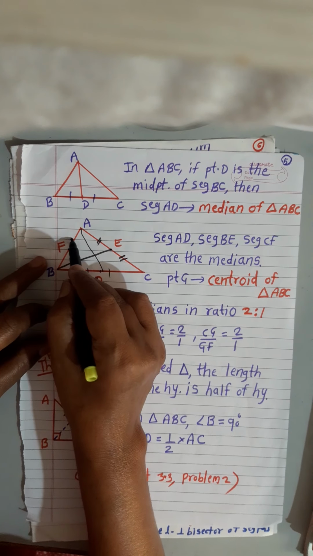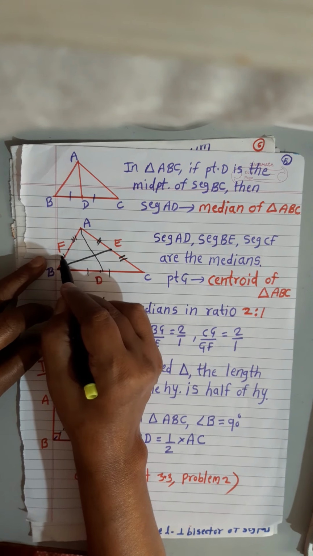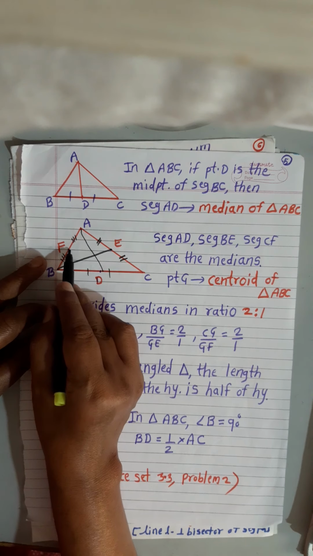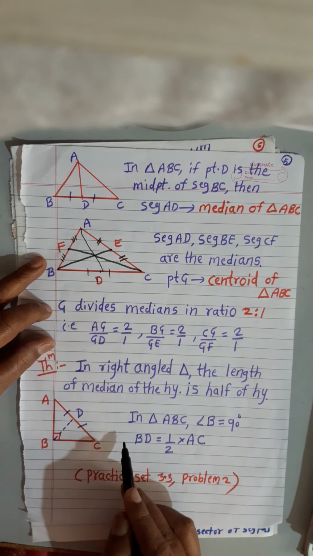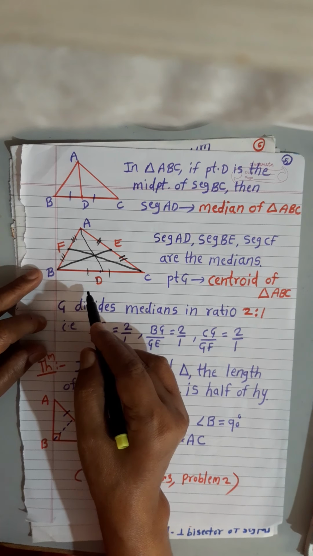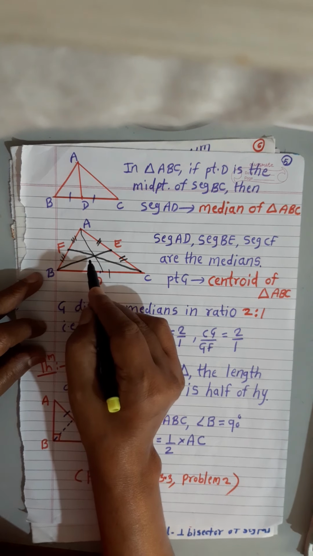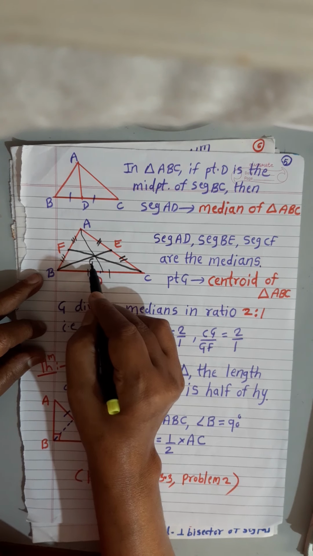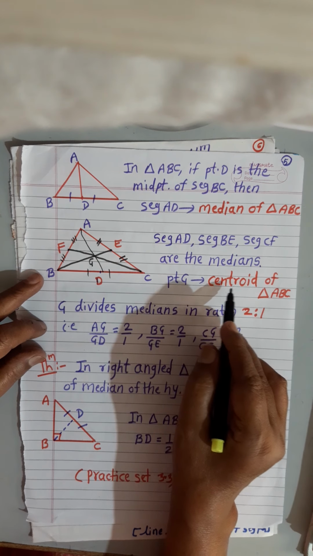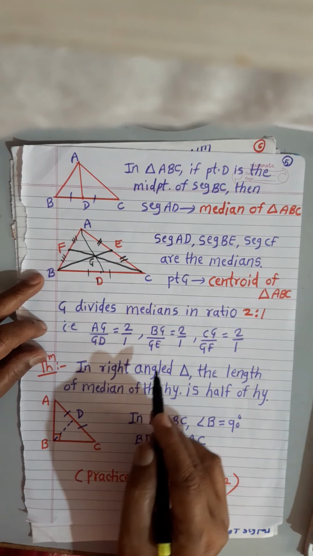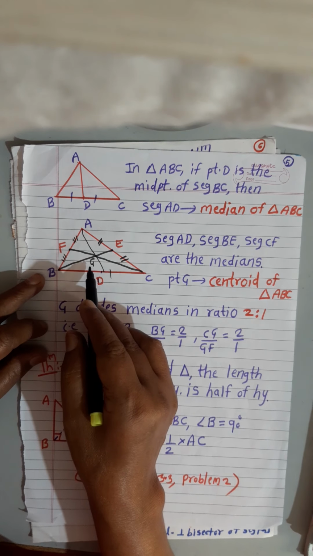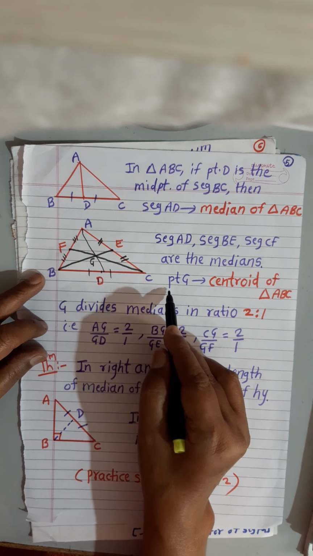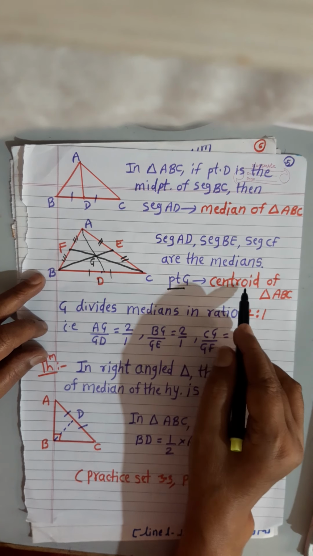Also take F as the midpoint of AB, and therefore CF is the third median. These three medians intersect each other at a point, suppose G, and this G is called the centroid of triangle ABC.